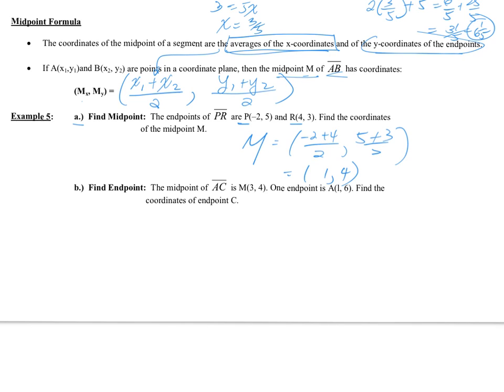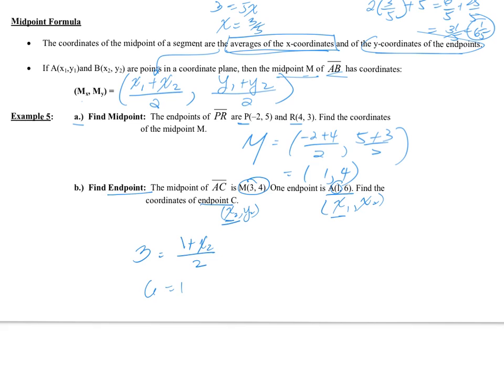Now for part B, you want to find the endpoint. So we need to set up two equations. I'm going to let endpoint C be x2, y2. And point A be x1, y1. Now the midpoint's given. So let's first work on the x-coordinates. So 3 equals x1 plus x2 divided by 2. Since x1 is 1, well, 1 plus x2 divided by 2.